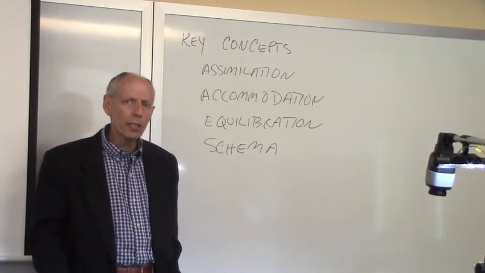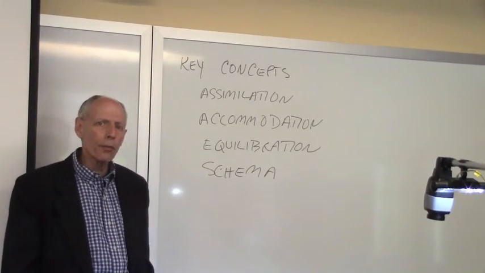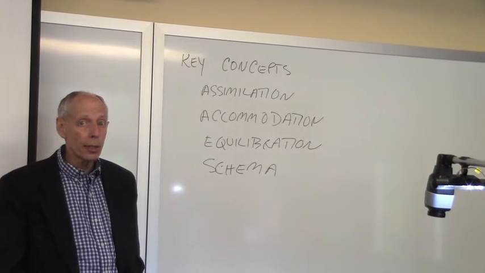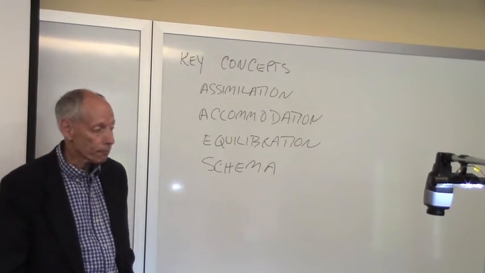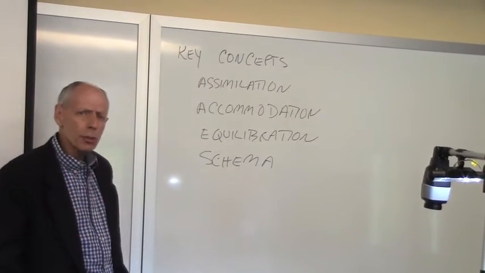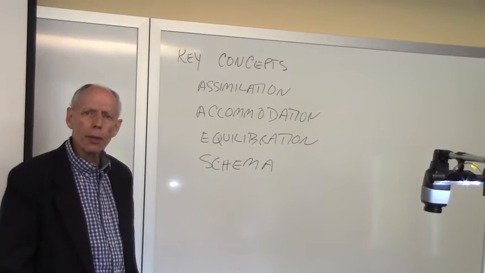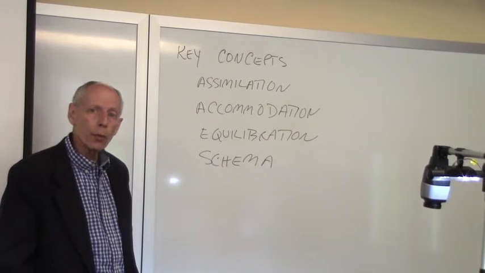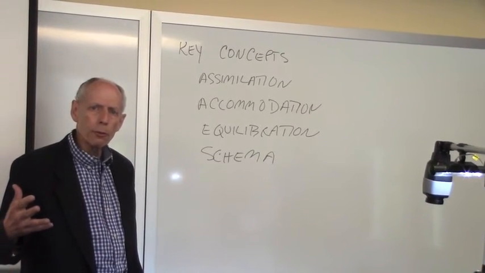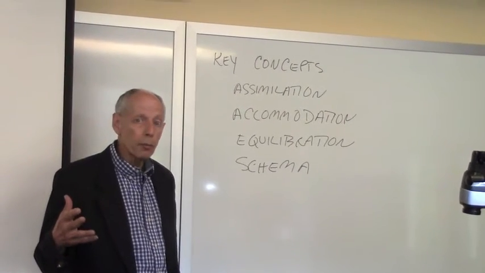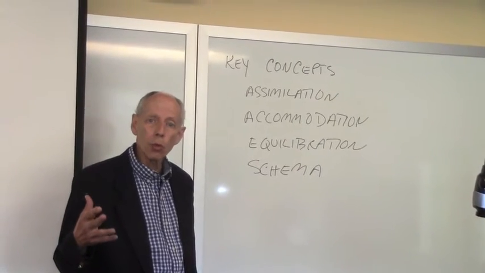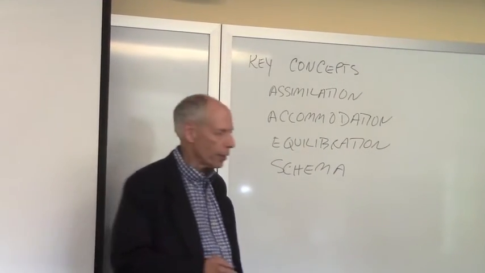So we'll talk about schema at some length during this and the next video session. Let's start off with some basics about what Piaget thought he had found about the way we develop into fully functioning human beings who can make sense of the world on our own in successful ways.